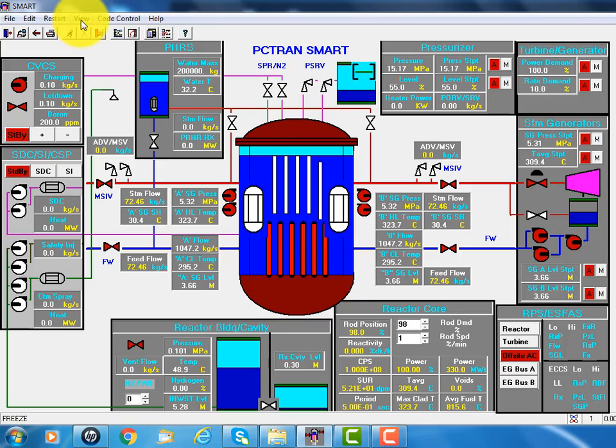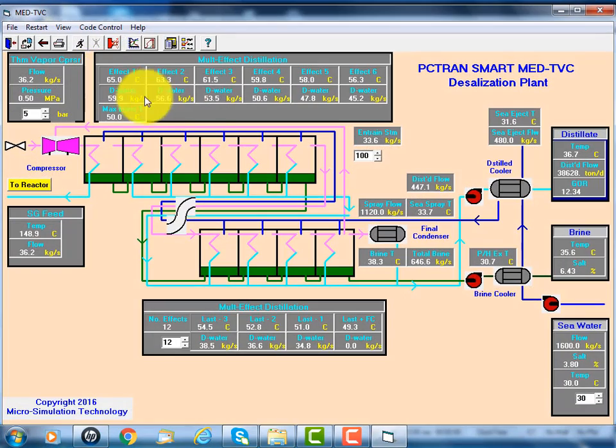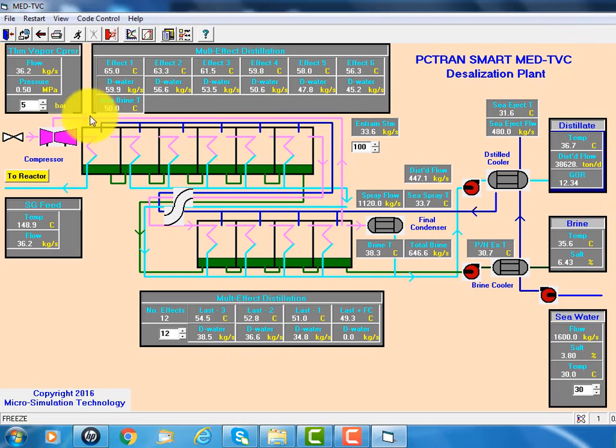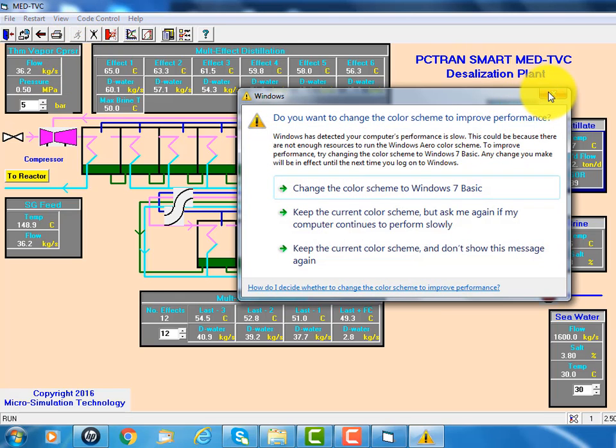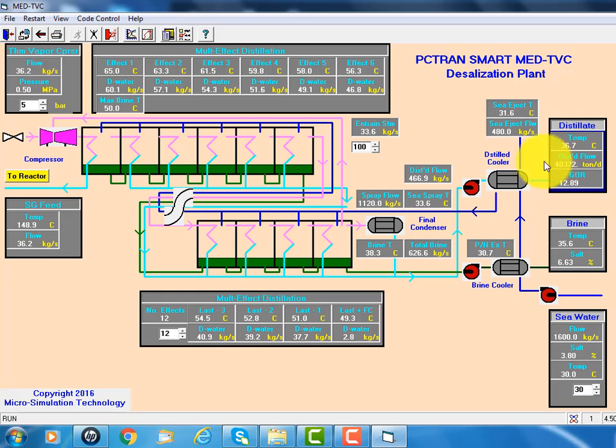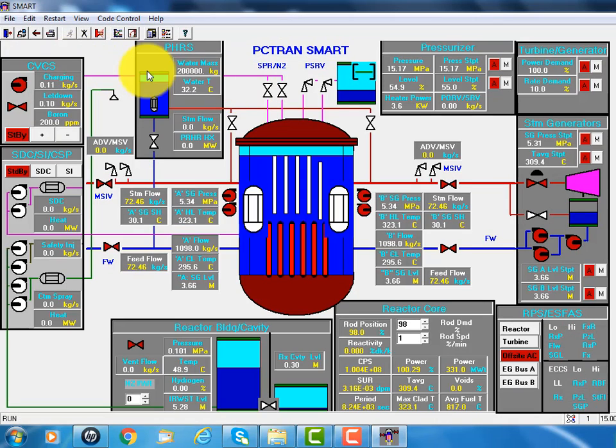It does have the capability to produce desalination water using a fraction of the low pressure turbine steam, and up to 40,000 tons a day can be produced if the electricity is reduced to about 90 megawatt electric.